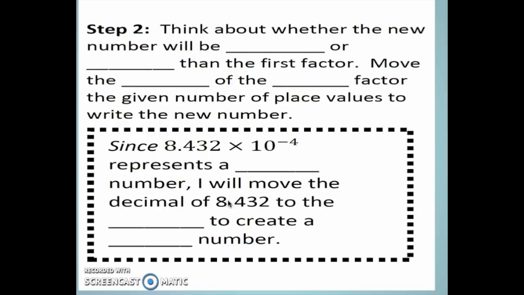Step 2, think about whether the new number would be bigger or smaller than the first factor. So we're going to move the decimal of the first factor the given number of place values to write the new number. So here's our number written in scientific notation.